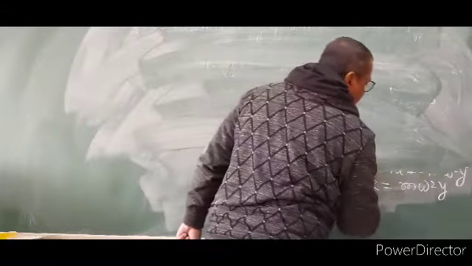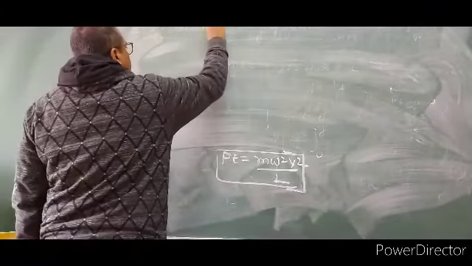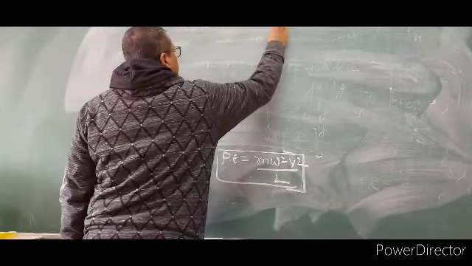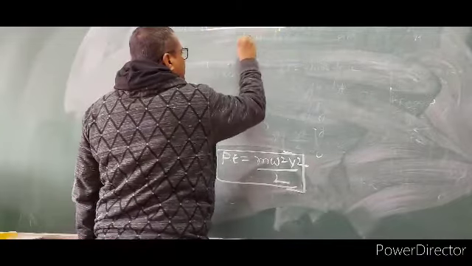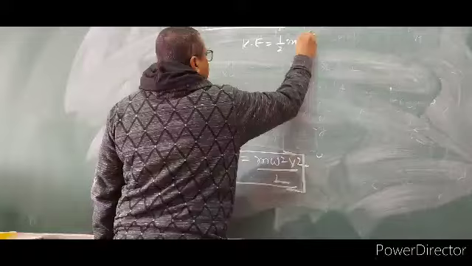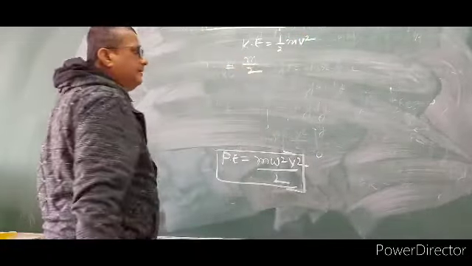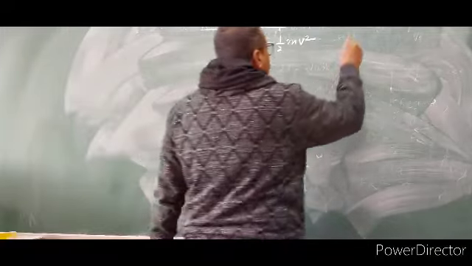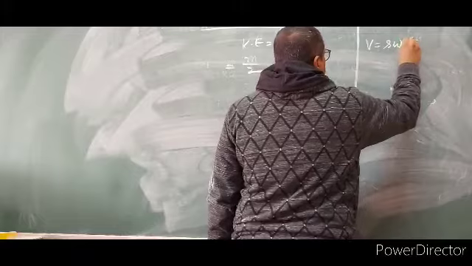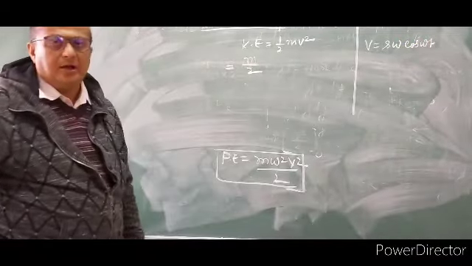Now we take the kinetic energy. Kinetic energy is equal to half m v square, which is m by 2 times v square. v is equal to r omega cos omega t.